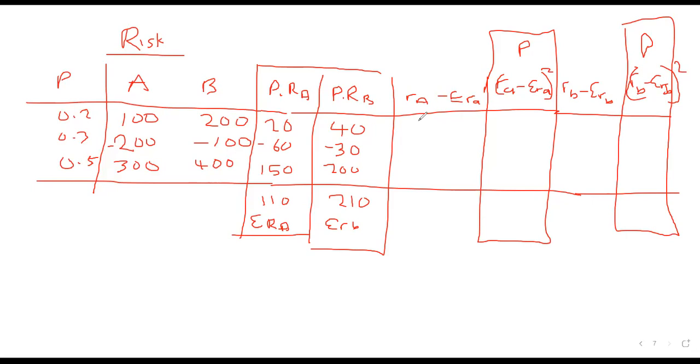So let's do the return for asset A minus 110. How do we get? 100 minus 110, negative 10. So negative 10, we square it, which is 100. The probability 0.2, we get 20. Then here we get negative 200 minus 110, we get negative 310.